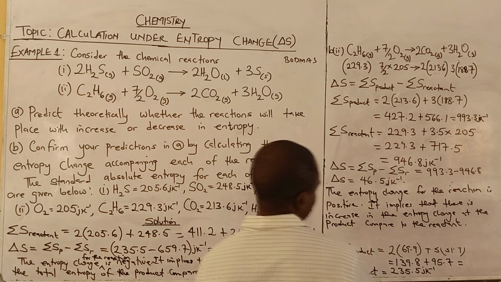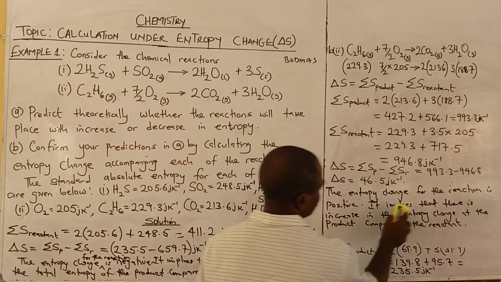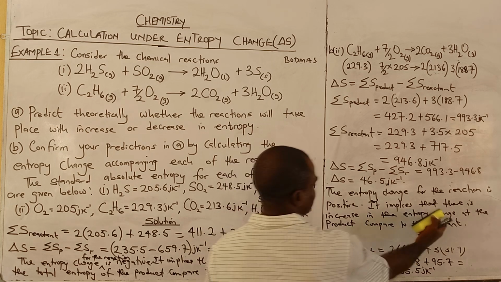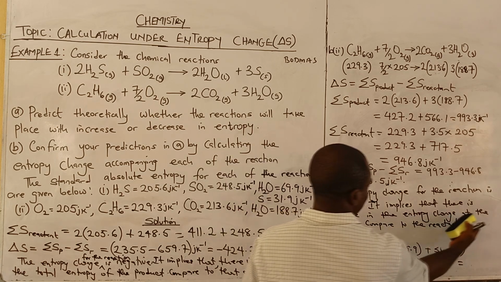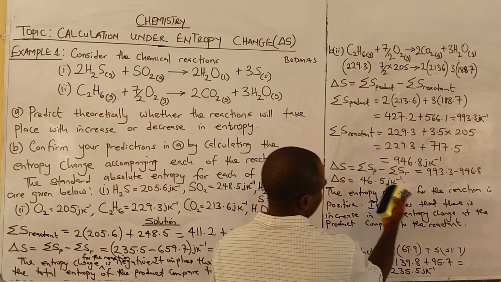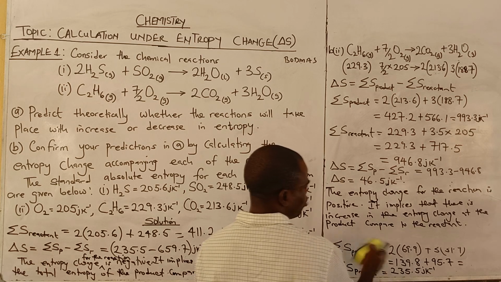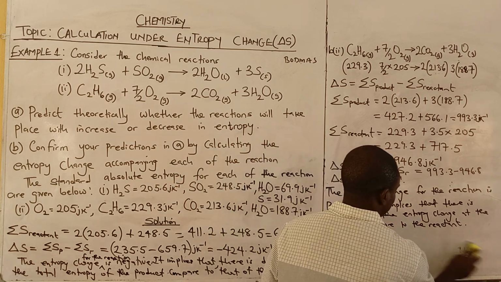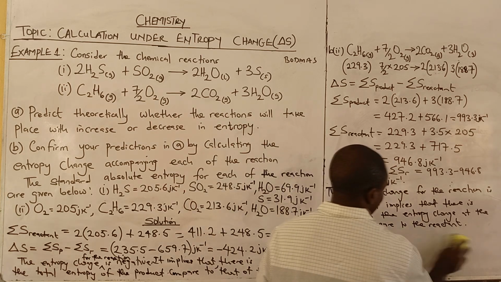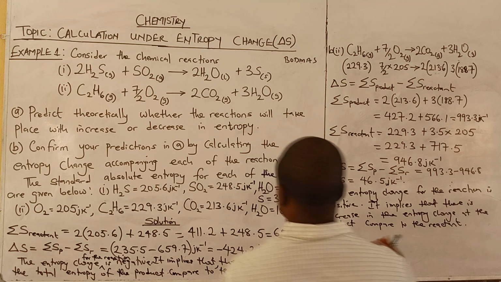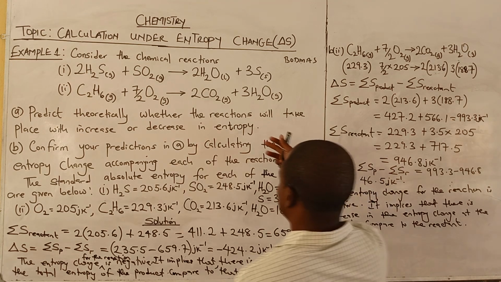There's an increase. The entropy change is positive. It implies that there is an increase in the entropy at the product compared to the reactants side. And that's why we can see that it agrees with our prediction.